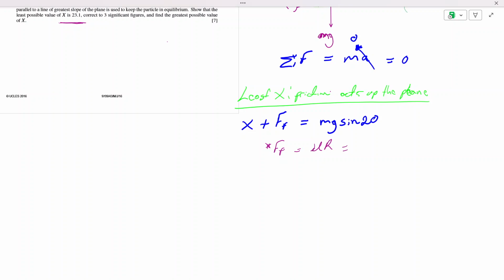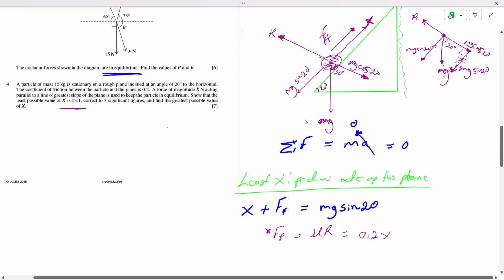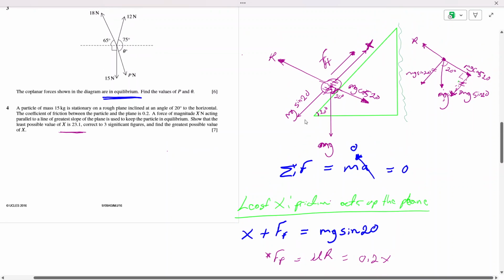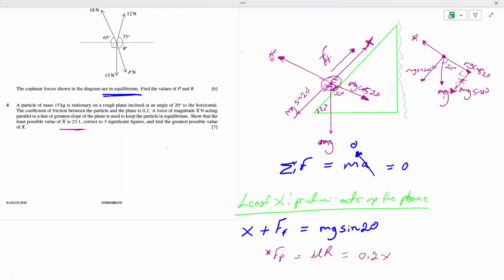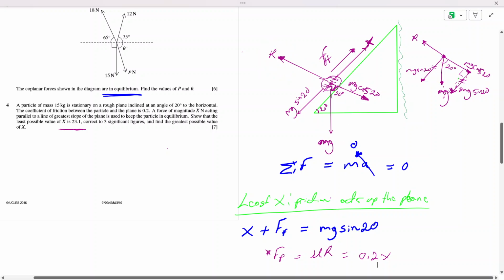And we know what mu is, the coefficient of friction. The question told us that it was 0.2 multiplied by the reaction. We also use Newton's second law in this case to find the balancing forces for the reaction, to find what the reaction is.